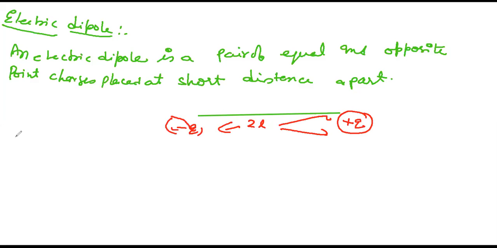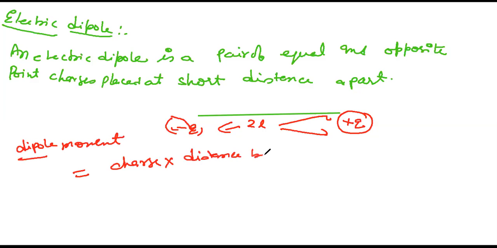So we have another concept with electric dipole that is called dipole moment. Dipole moment will be equal to charge multiplied by distance between the charges. So check the value of charge.